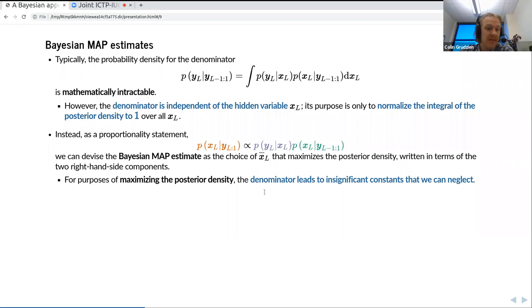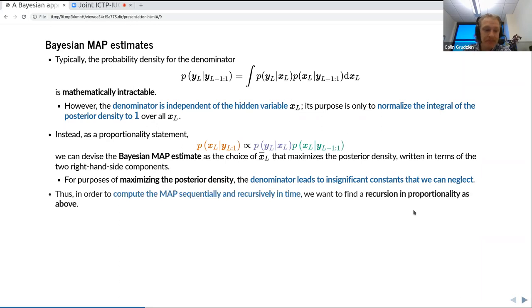So for purposes of maximizing the posterior density, this denominator just leads to terms that we can neglect, constants with respect to an optimization problem or a statistical estimation problem. In order to compute this MAP estimate sequentially and recursively in time, we want to find a recursion in proportionality, as we've written above.